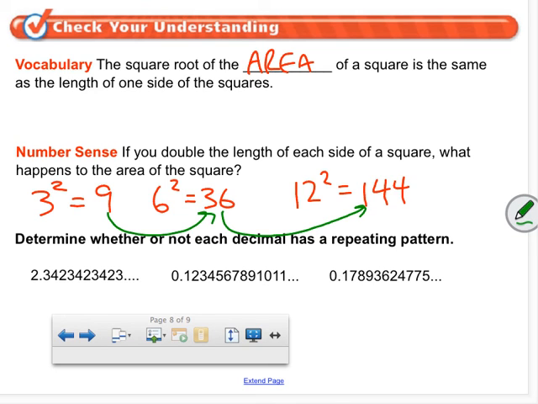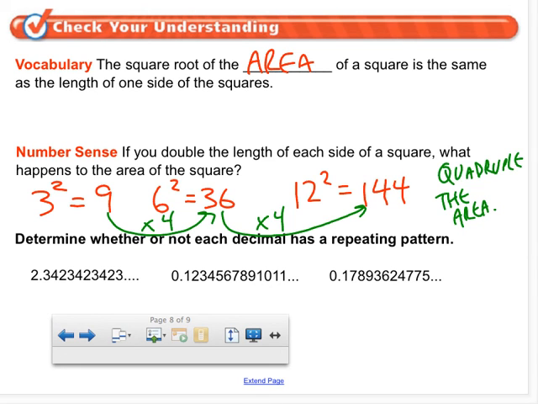So if I double the side, I quadruple the area, or I multiply each by 4 to get the area of the next one.